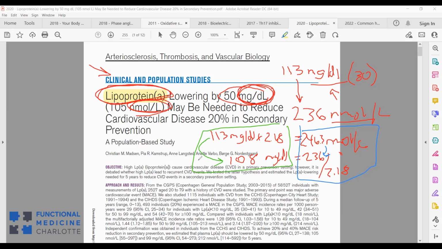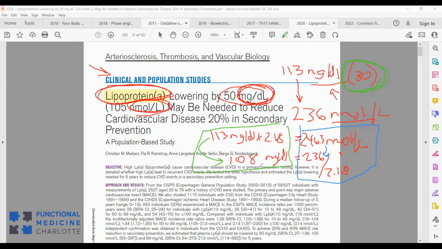Step two would be to ask the question, is it working fast enough or intense enough? Can we drop it faster, more significantly? Because remember, below 30 milligrams per deciliter is normal. If we're making change, we're seeing that we can change it.